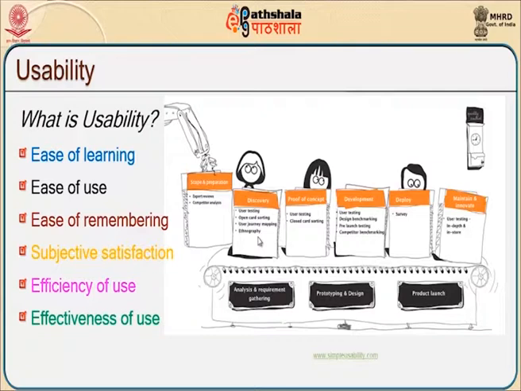So we might have to completely define how the usability of the system should be by way of projecting it as in usability engineering statistics. To talk more about usability, it is studied a lot for the ease of learning, ease of use, ease of remembrance, subjective satisfaction, efficiency of use, and effectiveness of use.